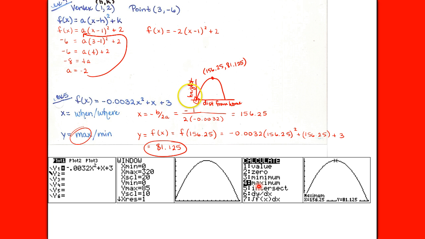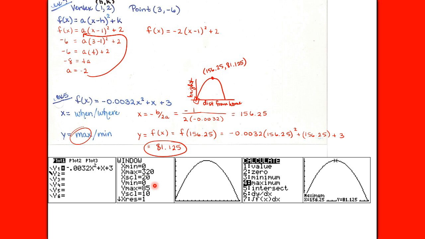Because think about it. When you look at this graph, our x values are going out past like 300, 320, right? So my x values would have to go from like 0 to 320, and my y values would have to go from 0 to at least 81.125 for me to be able to see that whole graph. So I would have to reset my window manually to go from 0 to 320 and from 0 to 85 or something along those lines.